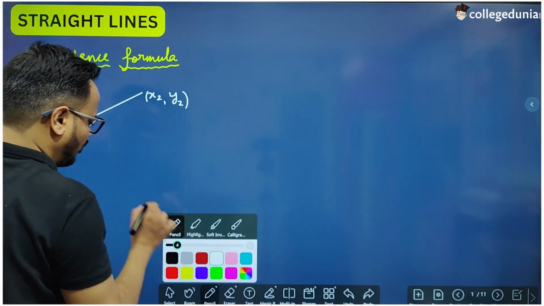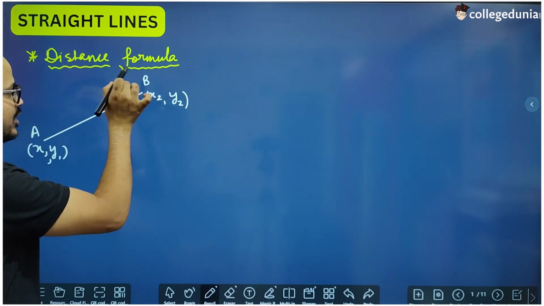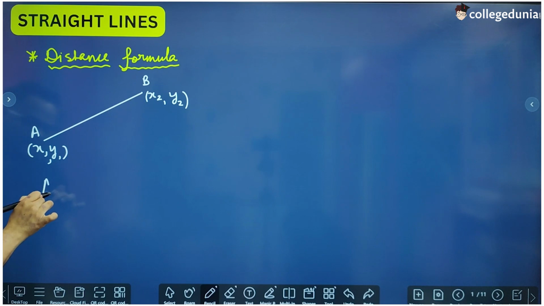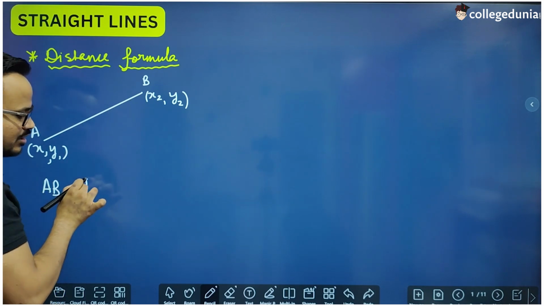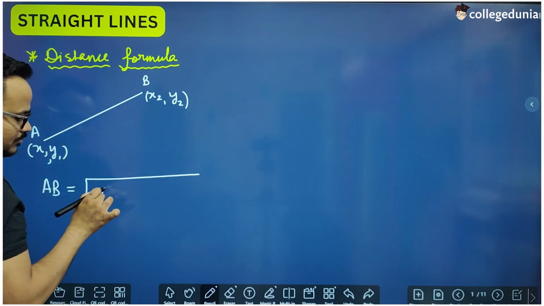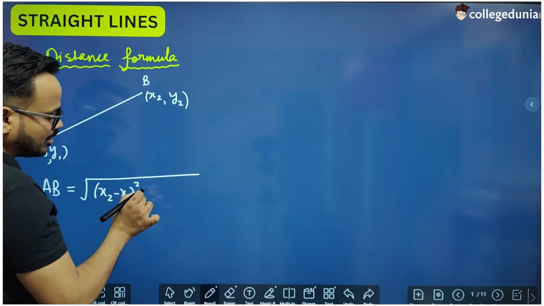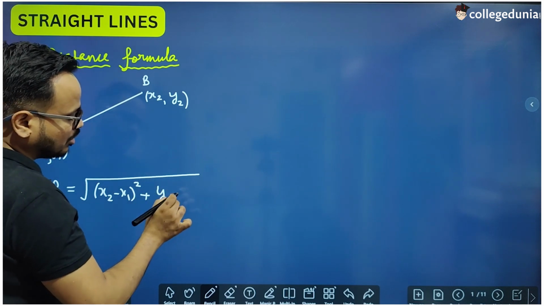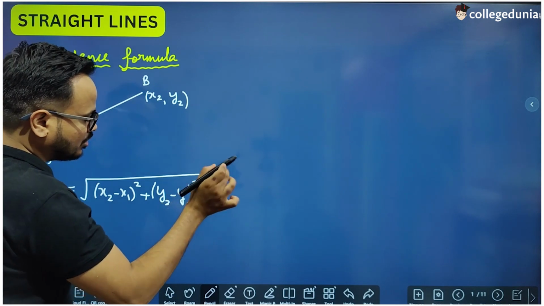So what is distance formula? Let us say that this point is A and this point is B. So this distance AB is under root x2 minus x1 square plus y2 minus y1 square.